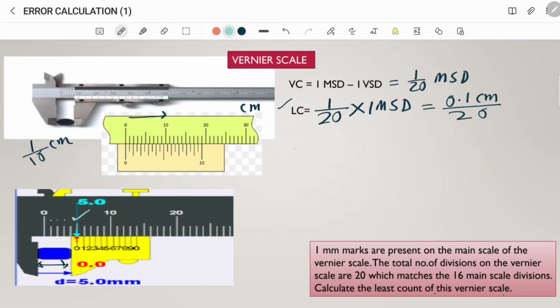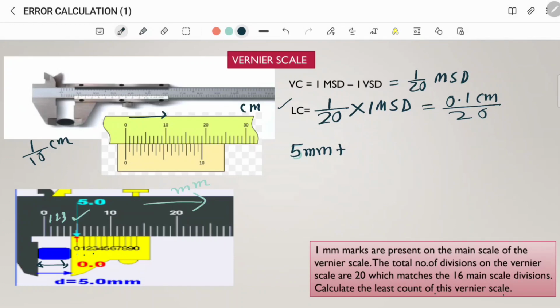So the main scale reading is 5, and if let us say this scale is in millimeter, so each of the markings is 1 millimeter, 2 millimeter, 3 millimeter, and so on. So our reading is 5 millimeter. Now we want to make our measurement more precise, so we will now look for the next line on the vernier scale that matches with one of the markings on the main scale.